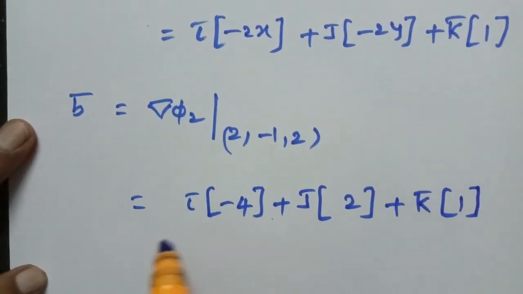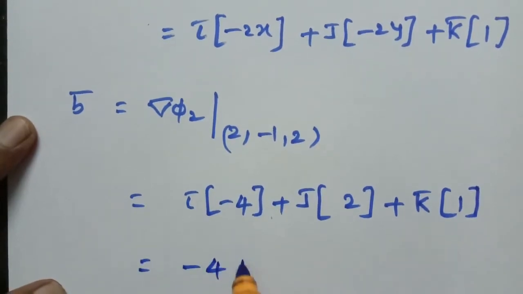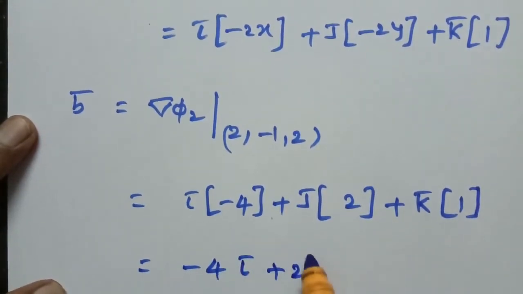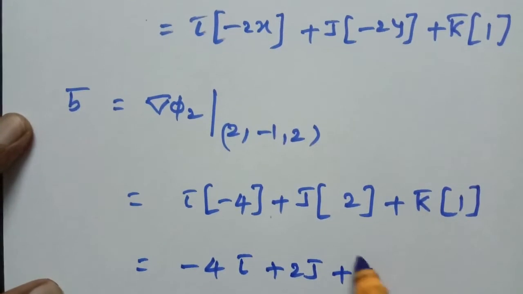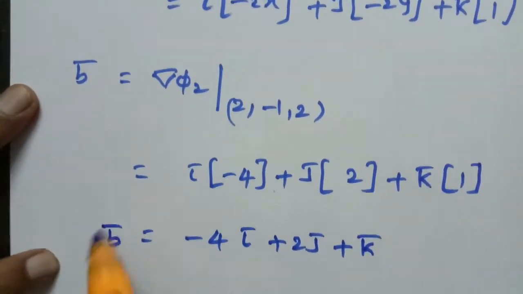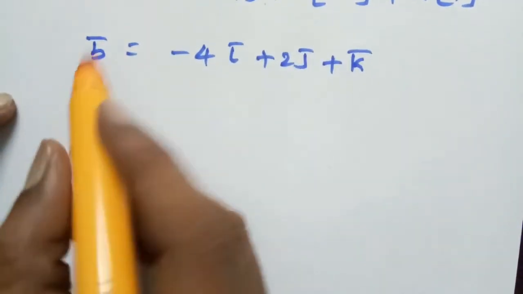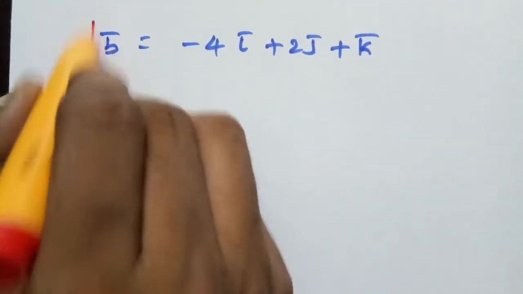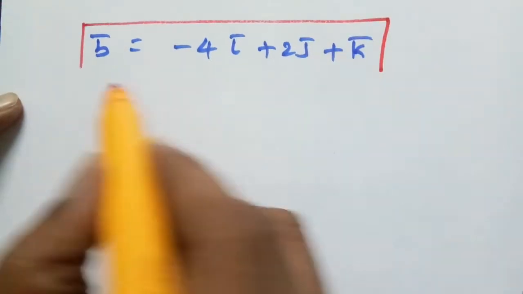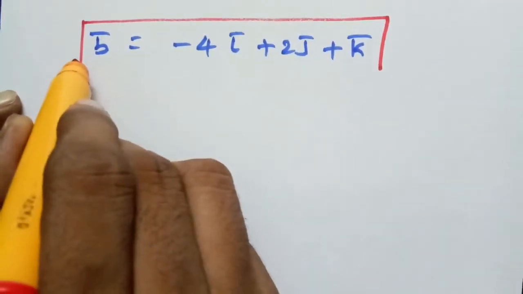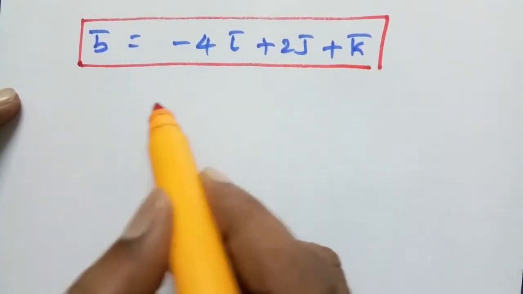Therefore this is equal to minus 4i bar plus 2j bar plus k bar. This is b bar. This is the normal to the surface phi 2 at the point 2 comma minus 1 comma 2.